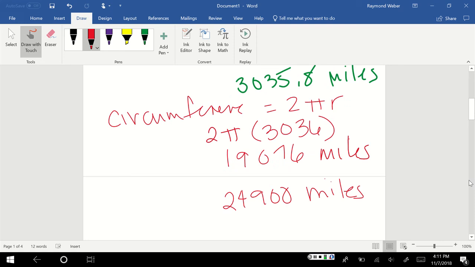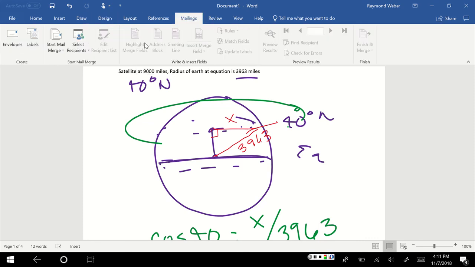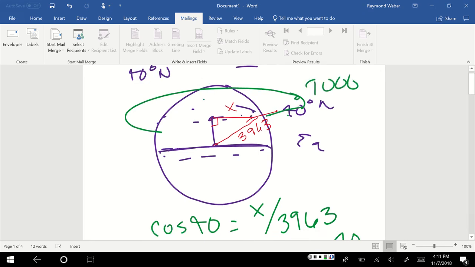Now say I have a satellite up here in orbit, and it's out here at 40 degrees north, and it's circling, and it's 9,000 miles above the Earth's surface. So to figure out the distance it travels on one loop, I need to find the circumference for this. Well, what's this radius? It's the radius I just found plus 9,000 more.